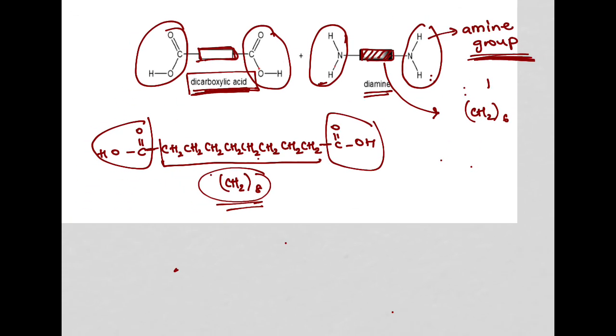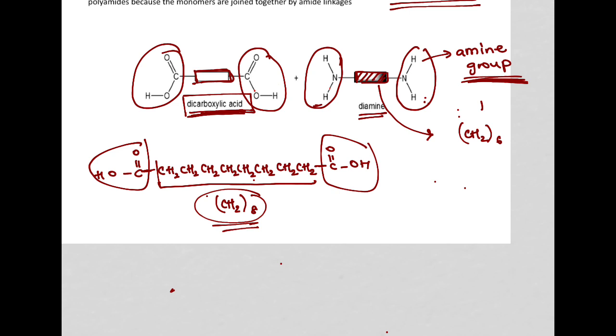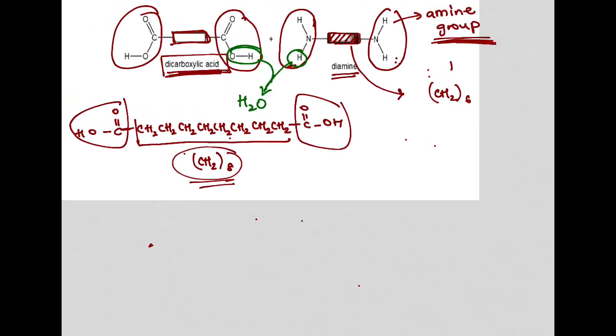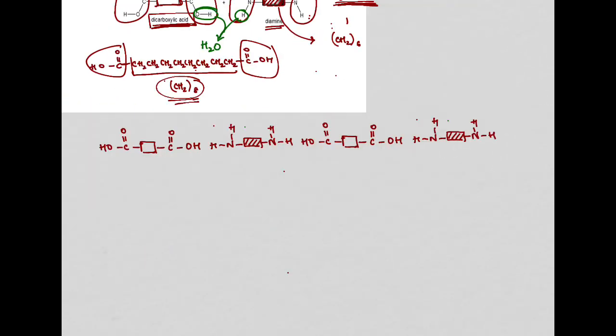Now here you can see that you can have OH and H that can leave. So you can have the formation of water, because remember that we said that condensation polymerization is formation of the polymer with removal of smaller molecules like water. So this water is going to go out. So let's see the polymerization process. So here I have ordered my monomers in the form A, B, A, B. So it's alternating monomers.